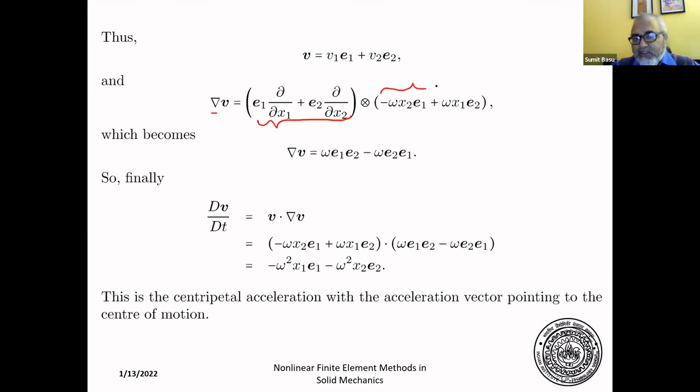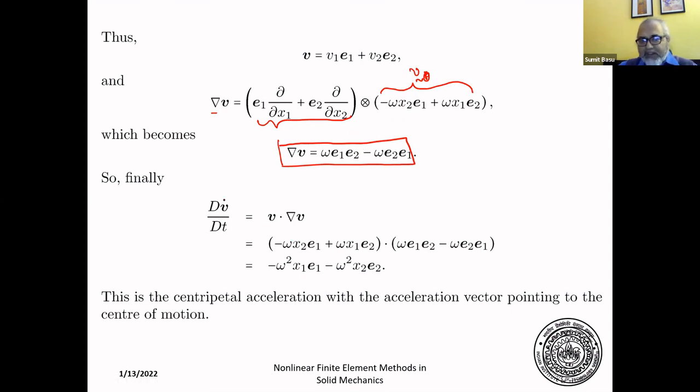And this is your V. The first component is minus omega x2, and the second component is omega x1. And then if you do this derivative, this is the gradient that you will get. Gradient is a second order tensor, remember. So E1, E2, and E2, E1 is what you will get.